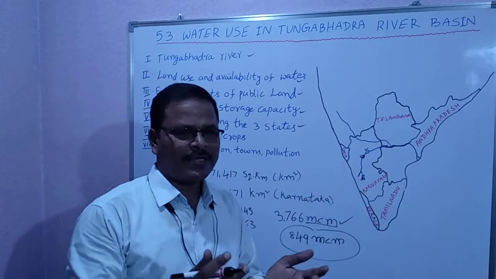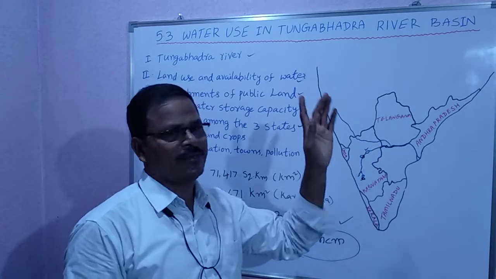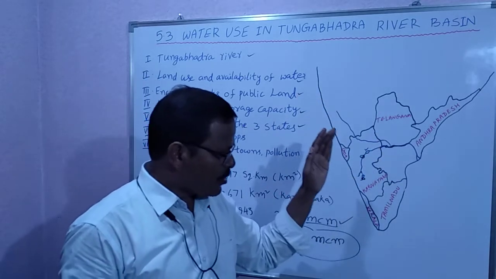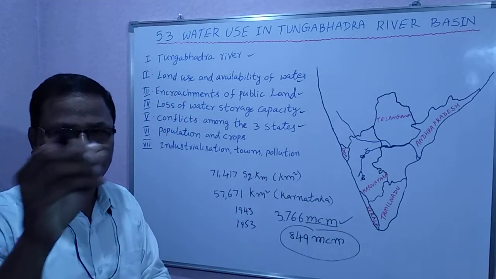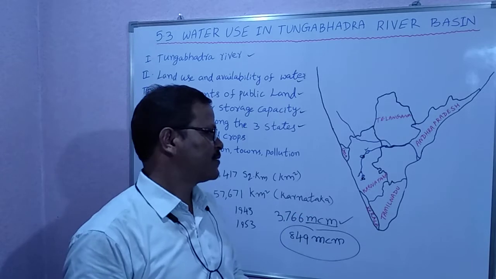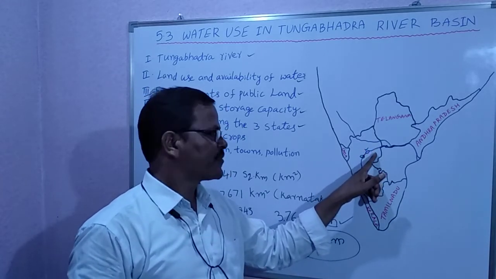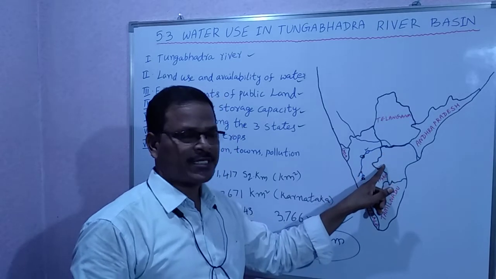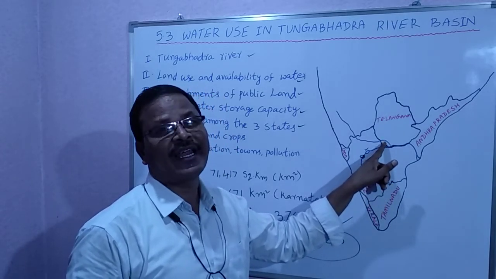So there are some conflicts among Karnataka, Telangana, and Andhra Pradesh. Tungabhadra waters are very crucial for 5 districts in these 3 states: Raichuru and Ballari districts, Kurnool and Anantapur districts, and Jogulamba district in Telangana.